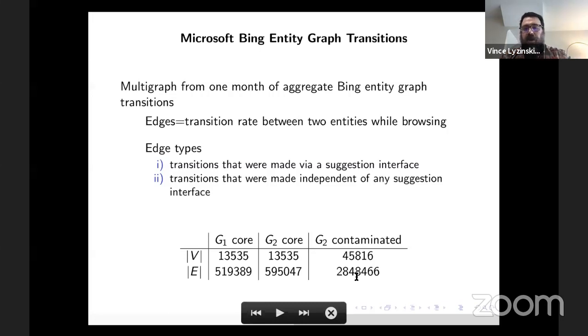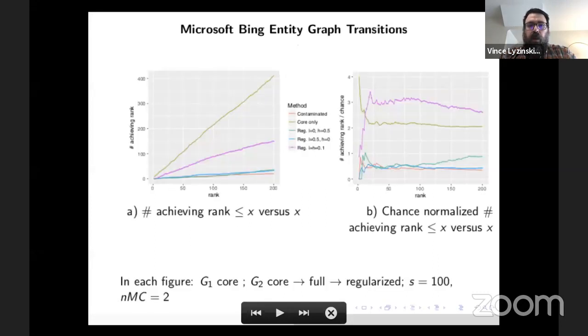So we do that same experiment where we consider each core vertex and look for the analogous core vertex in G2 in the presence of contamination and after regularization, and when we're only considering core versus core. And we plot the number, again, achieving rank X versus X. And for now, let's just pay attention to this left figure.